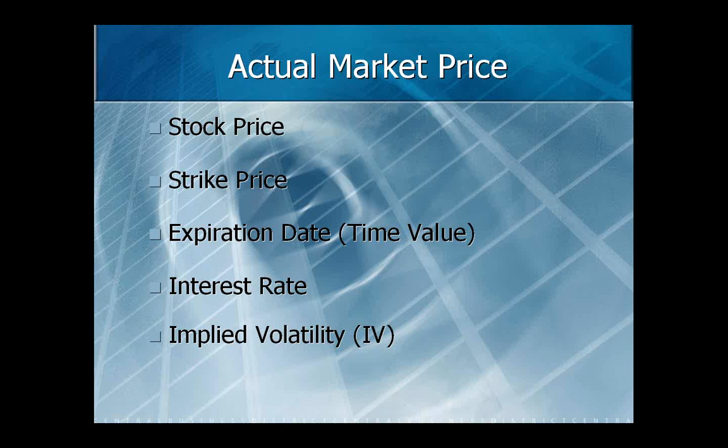If the market's getting nervous and they're not sure, that stock may start moving in a wide range of price movement in the future, that implied volatility is going to go up.